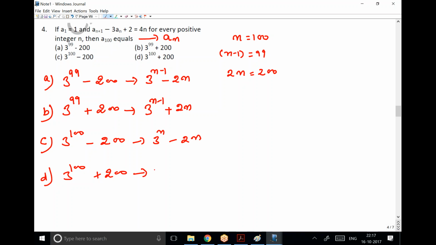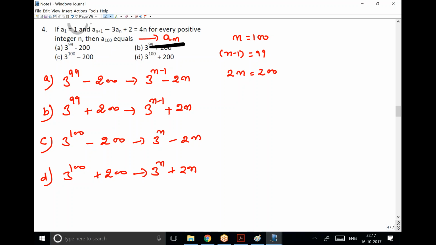And the last answer option will become 3 to the power n plus 2n. Right? These are our answer options in terms of variable. So now our objective is to look for an. What is given to us, if you see, is a1, a1 is equal to 1.